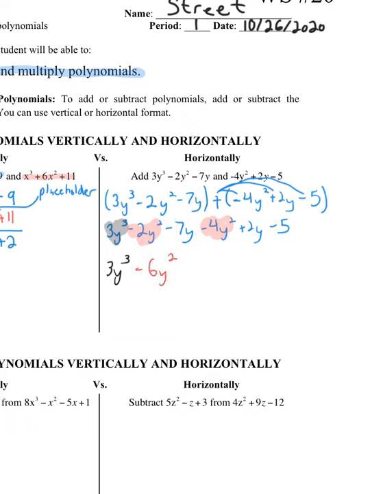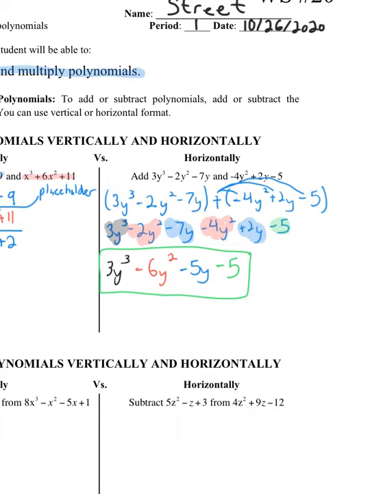Next I see a -7y and a positive 2y. -7 plus 2 is -5y. And then last I see a -5. So that's just going to be -5. And that's adding horizontally.